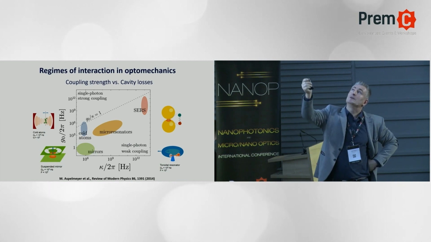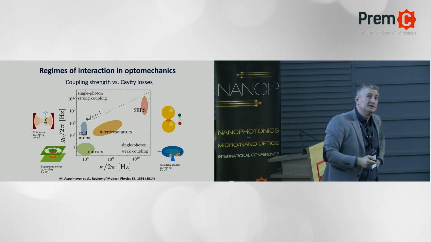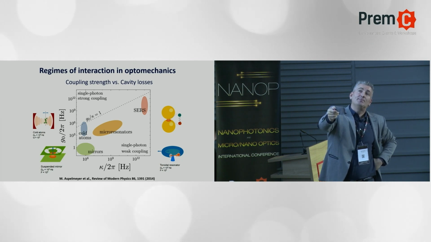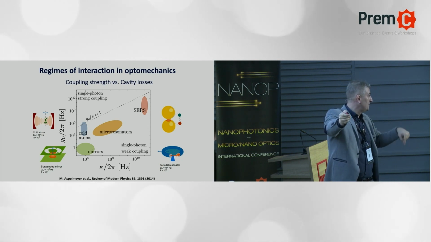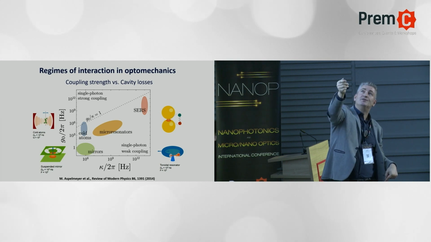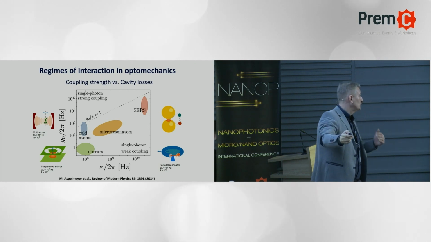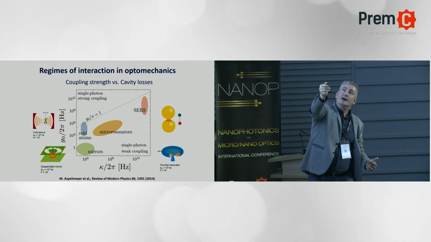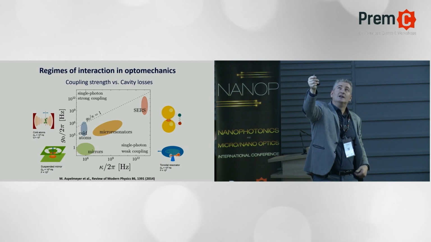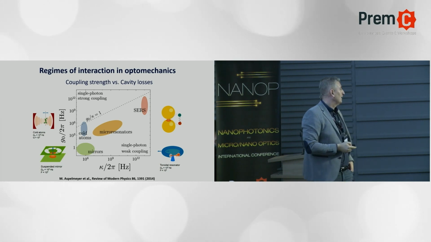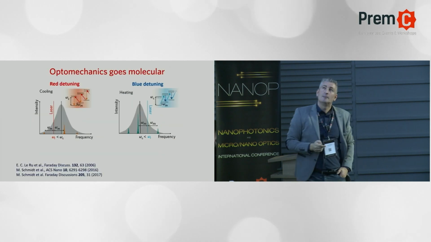So somehow, in this new regime of optomechanics, we are going very high in optomechanical coupling because the effective mode volume is very low, so this pushes us very high here, and one might think that it could put you here, but obviously the losses are also plasmonic, very strong, and it pushes you to the right of this graph, which puts you also at the edge of this optomechanical strong coupling line, okay?